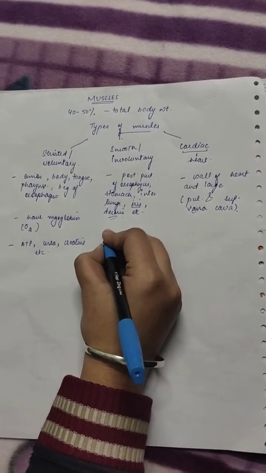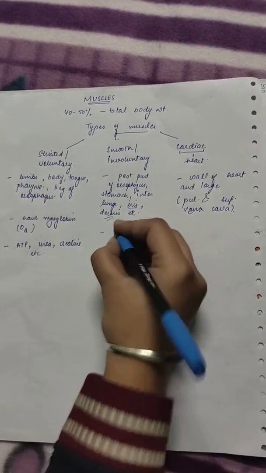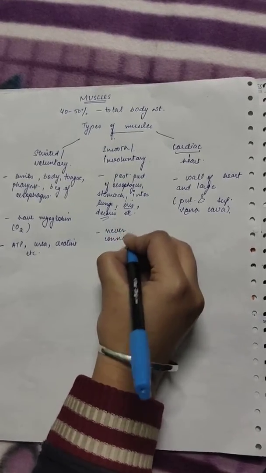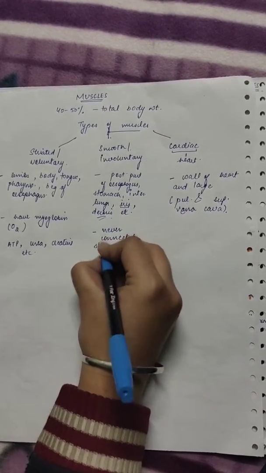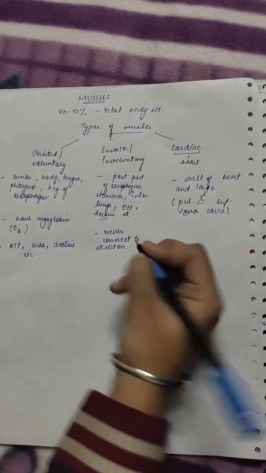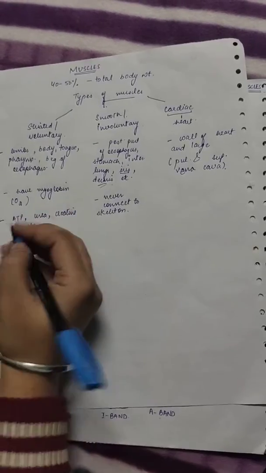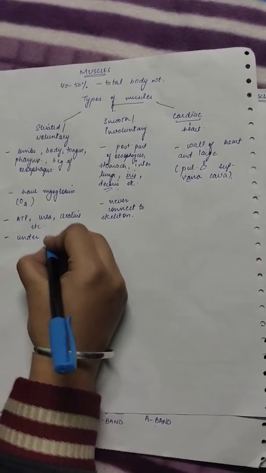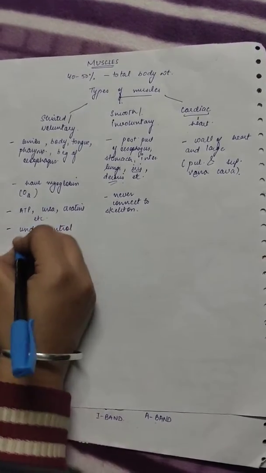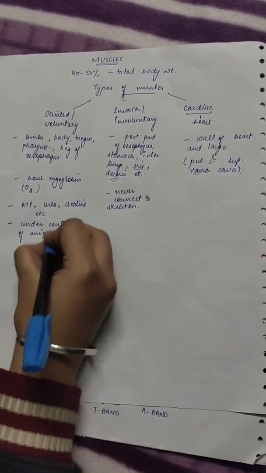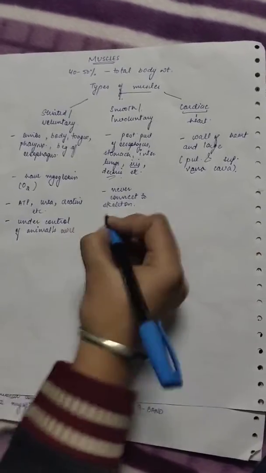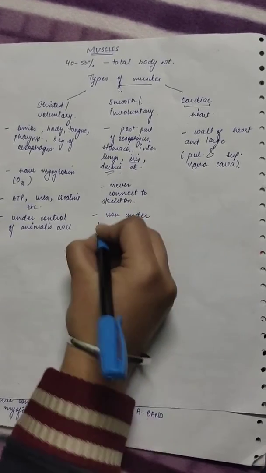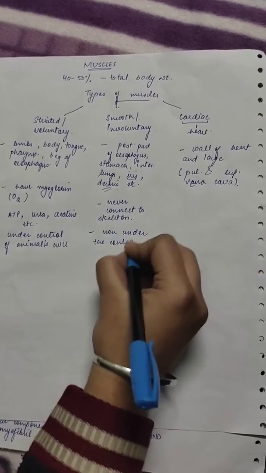And the smooth muscles are never connected to the skeleton. I forgot to mention one thing, that striated muscles are under the control of the animal's will, whereas the smooth muscles are not under the control of the animal's will.